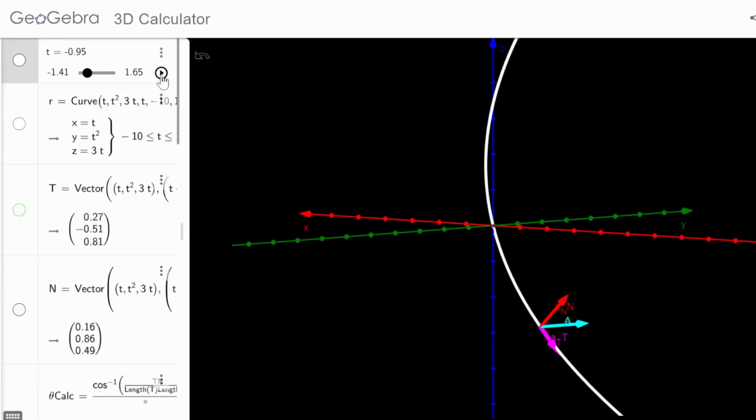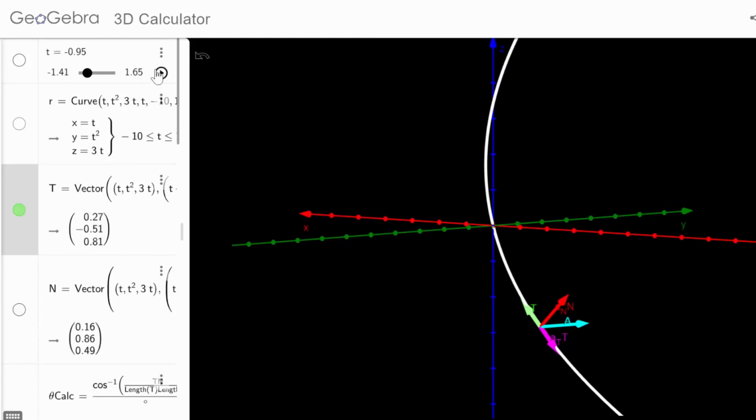Oh, and one other thing you should notice is that it's pointing opposite to the direction of motion. So here's the unit vector in the direction of motion, t, in green here, and a sub t is opposite. It's pointing in the opposite direction to t. And that means the object is slowing down. It's decelerating.